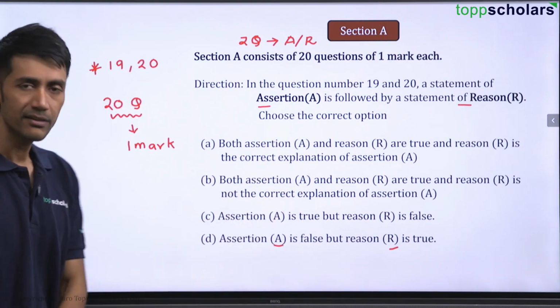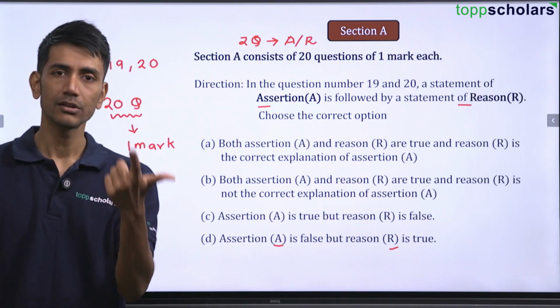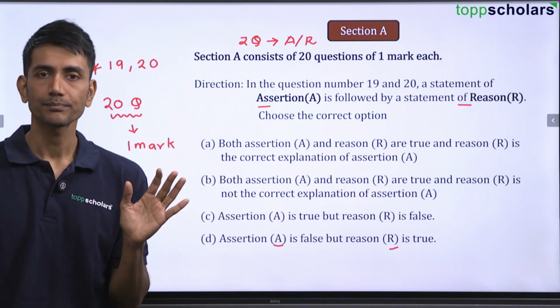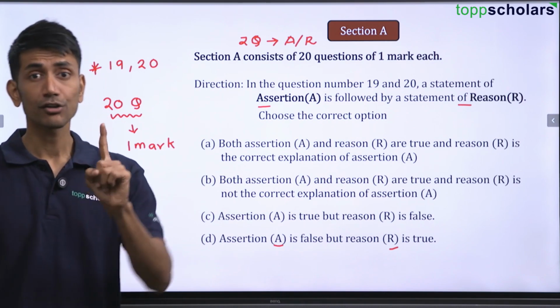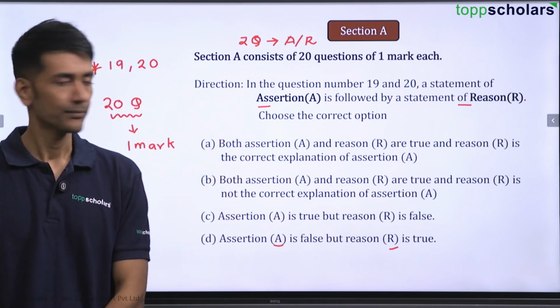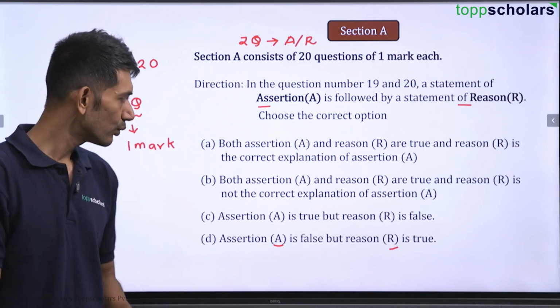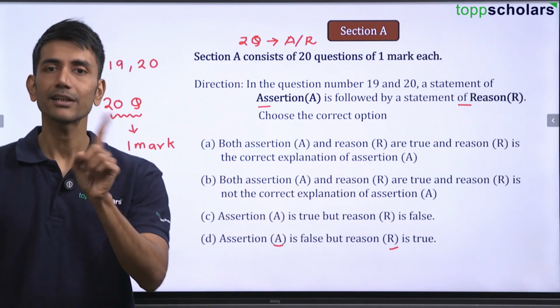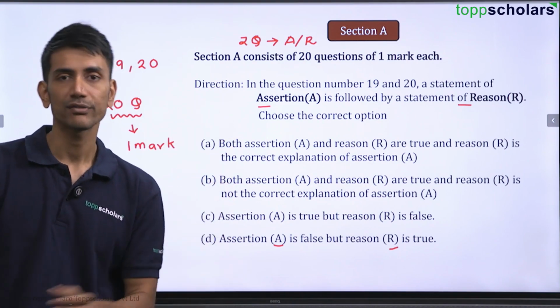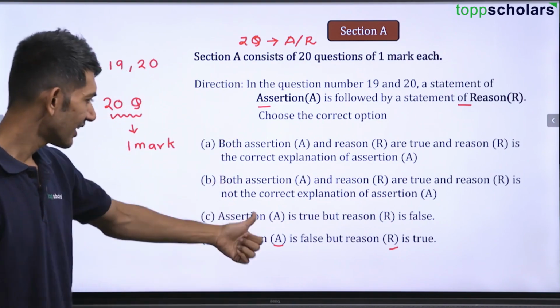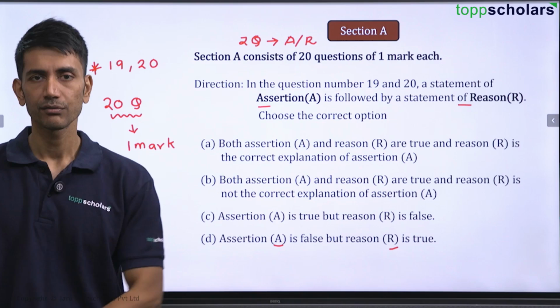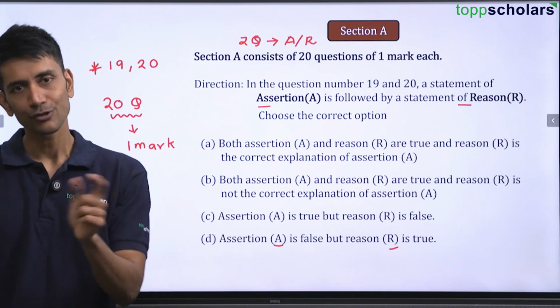Option A says assertion and reason both are true, and reason is the right explanation for assertion. Second option says assertion and reason are again true, but reason is not the correct explanation of assertion. Third is assertion is true but reason is false. Fourth is assertion is false but reason is true.